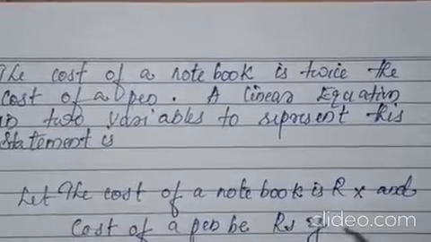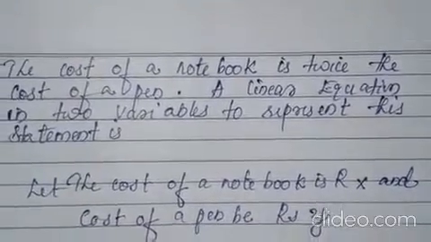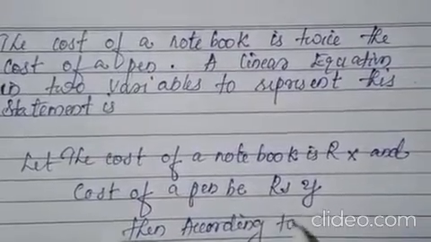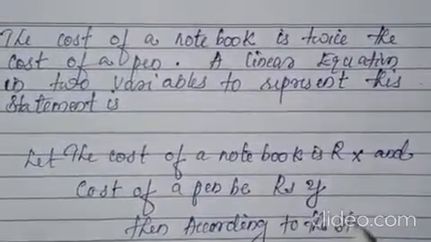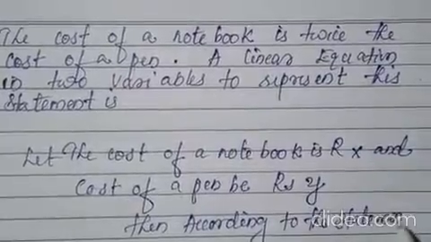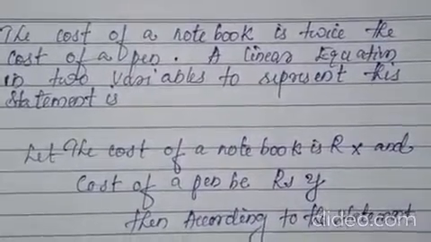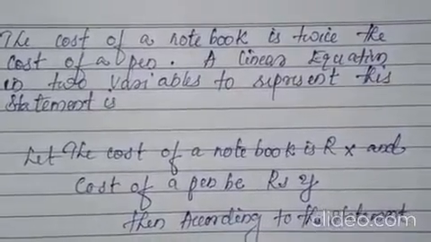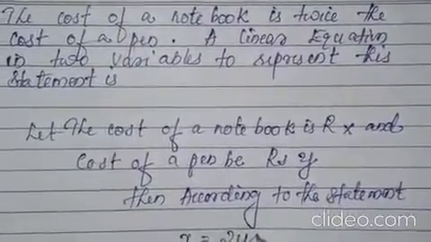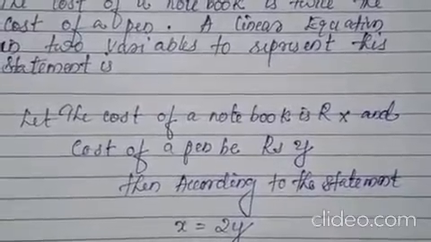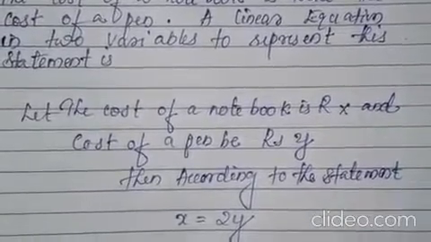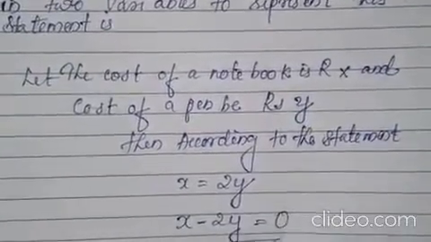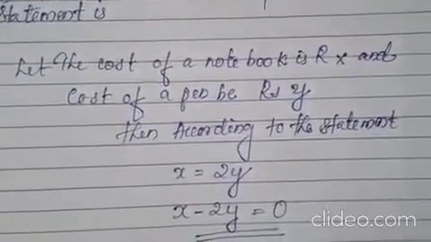Then according to the statement, the cost of the notebook is twice the cost of the pen. Twice the cost of the pen means 2y. So according to the general form, we write x - 2y = 0. Understood? In this way we represent the equation.